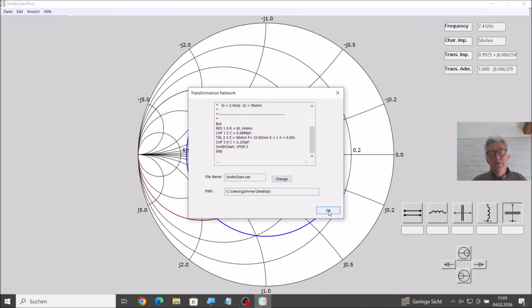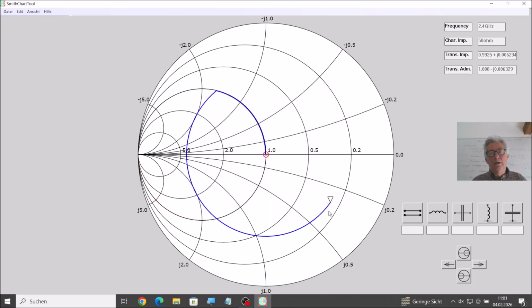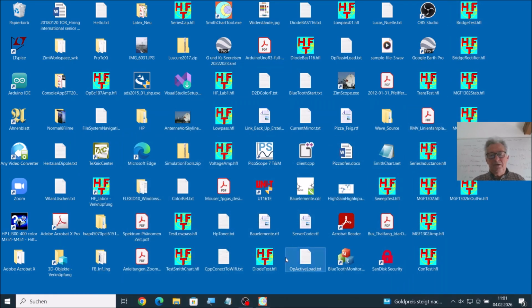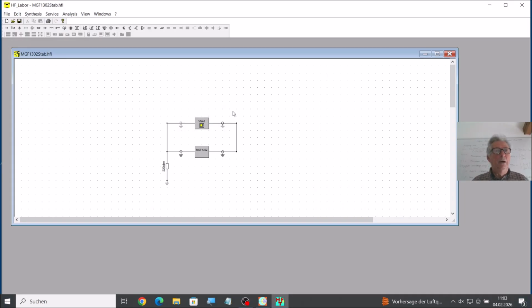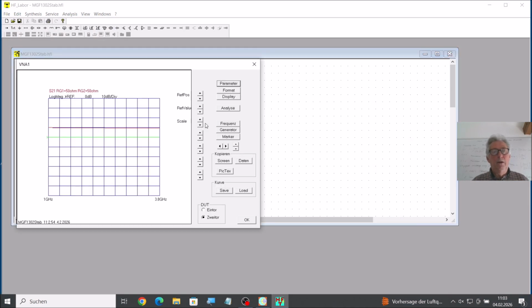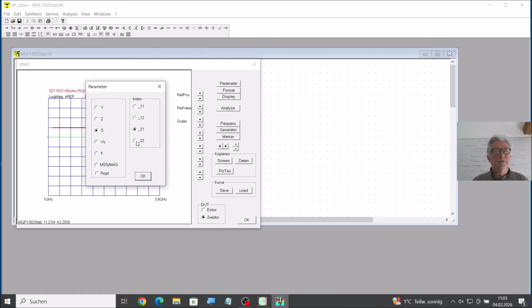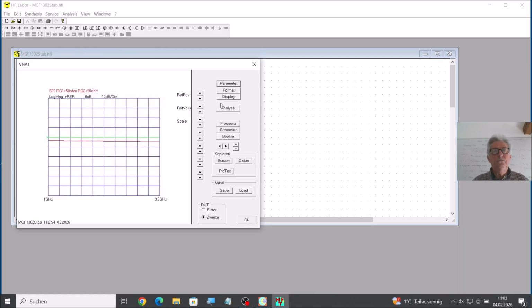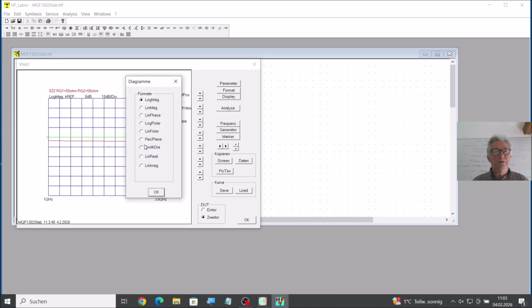And these values we must now use in our simulation tool, which we will do in the next step. We are back now in the simulation tool, and we can have a look, for example, again on the parameter S22, of course, in the Smith chart or Smith diagram.